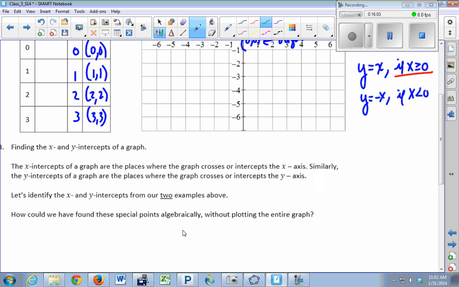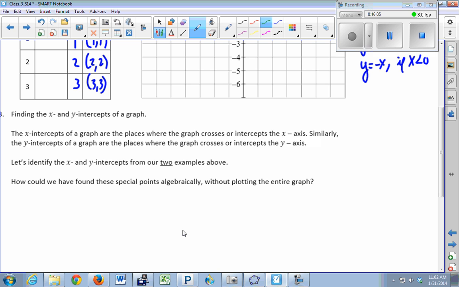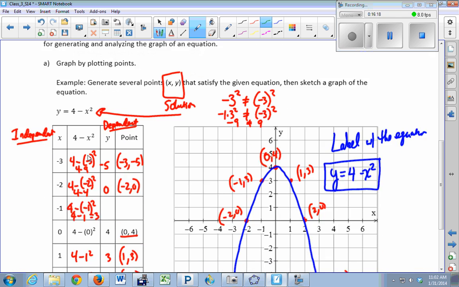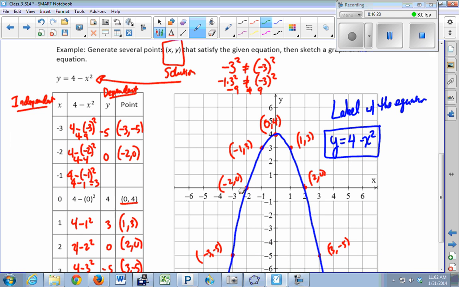So to find the x-intercepts without having to draw the graph, if we look on our graph, we can pluck them right off. For example, here are our x-intercepts, -2, 0, and 2, 0, because notice your x-axis has gotten in the way of your blue graph. So these are our x-intercepts right here.